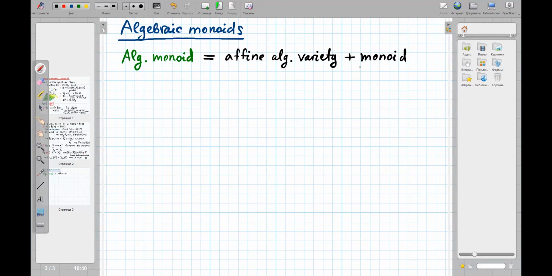Monoid is the same as a semi-group with unity, as I told before. So why should we require the affinity?